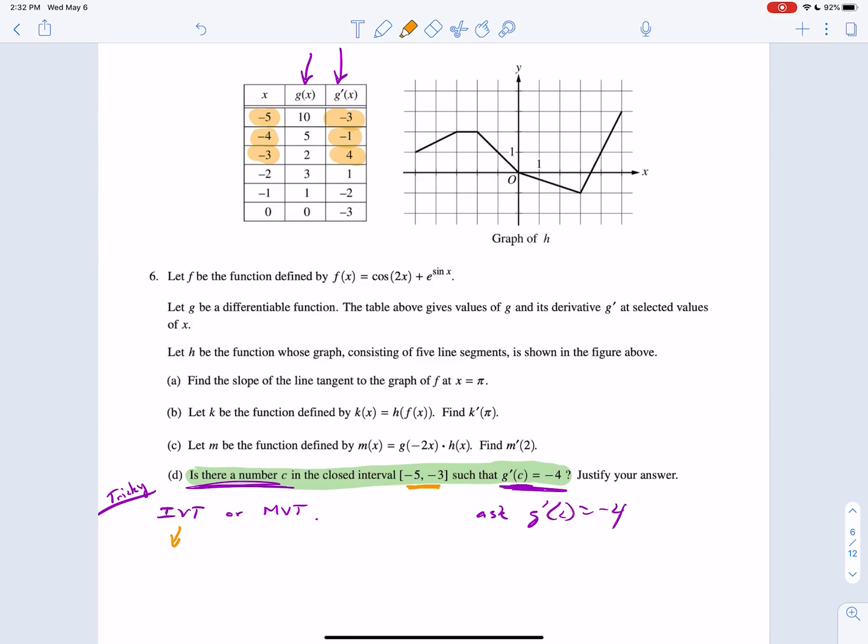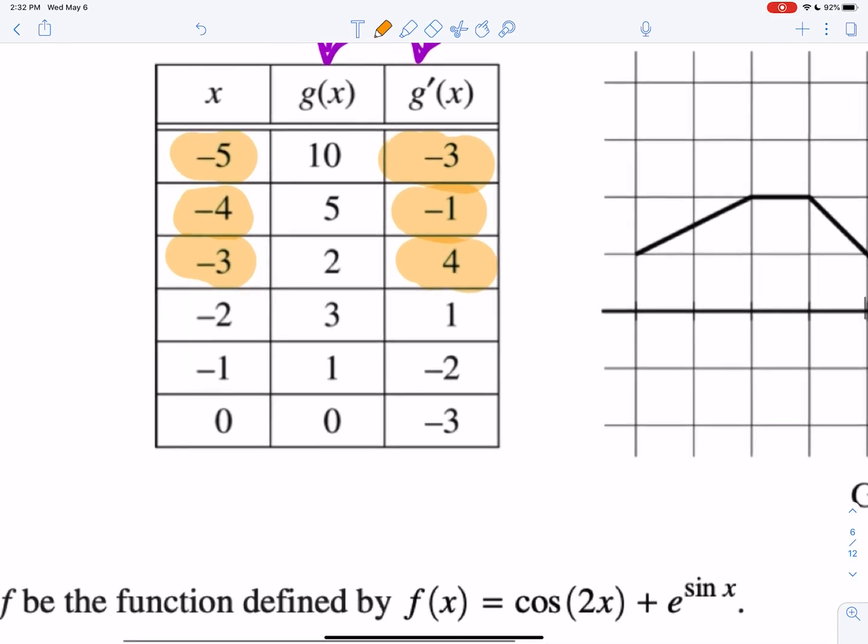Okay. Based on these values, will you ever reach -4? Are you guaranteed to? When you're traveling from -3 to -1, you're not guaranteed to hit -4. And from -1 to 4, you're not guaranteed to hit -4.